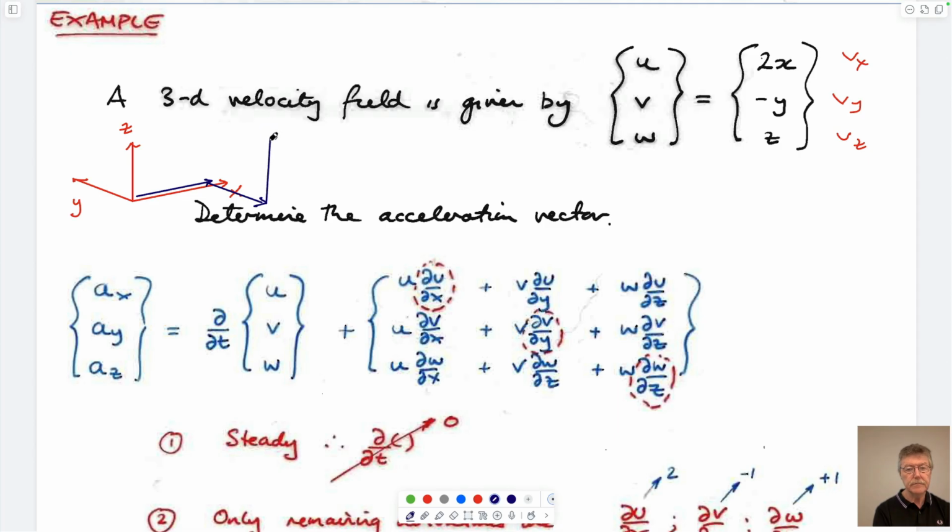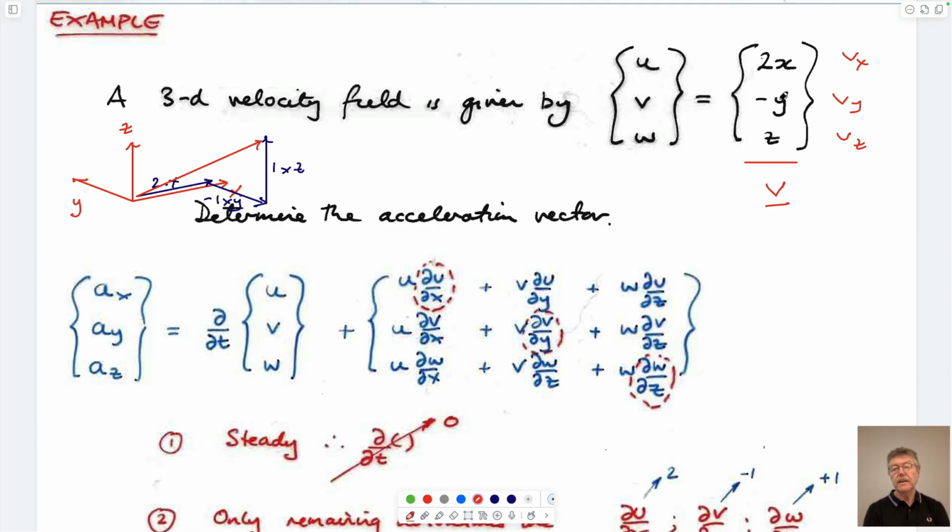So this would be 1 times z, this would be minus 1 times y, and this would be 2 times x. So these would be velocity. So I guess the net velocity for this vector would be this. That would be this vector. I guess we could call it v bar, under bar.